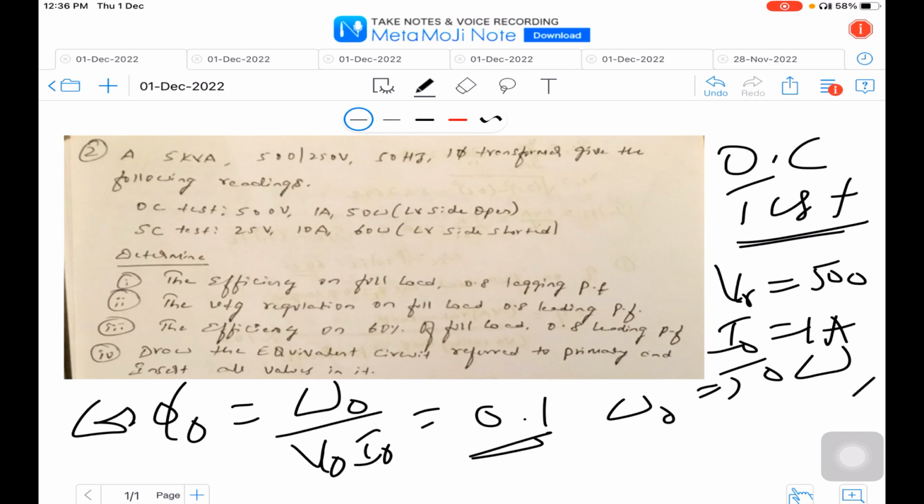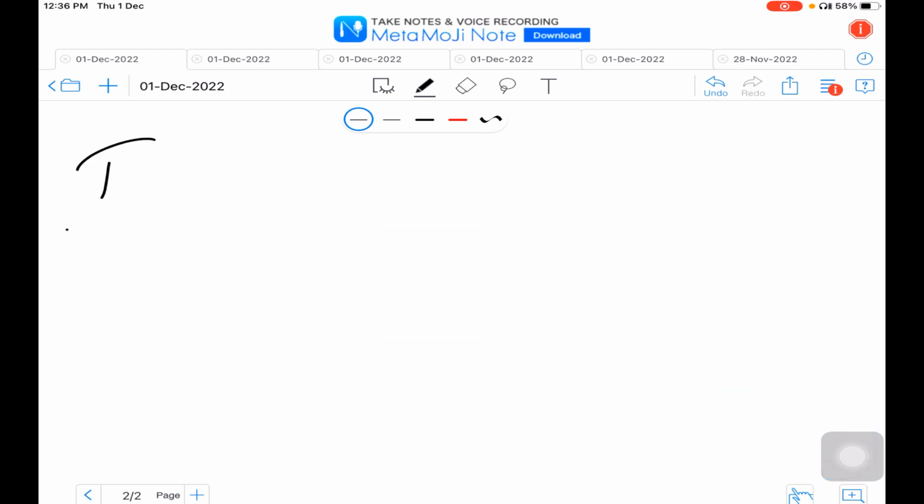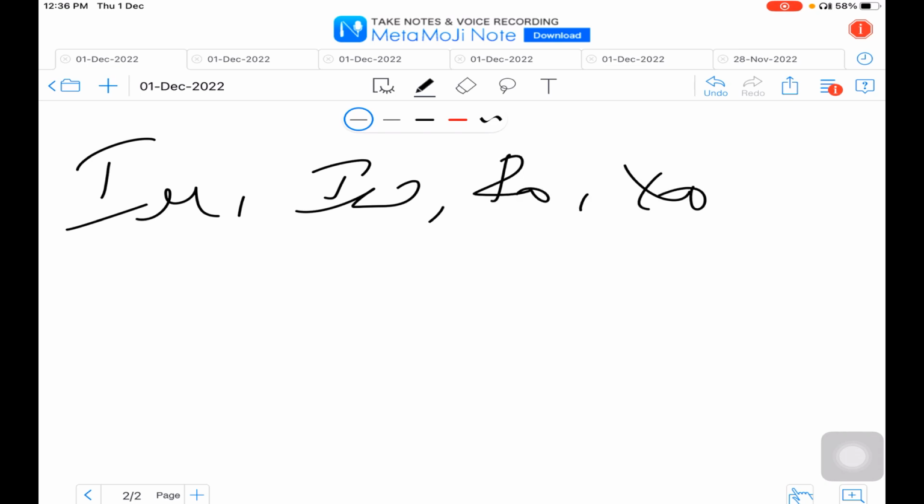Now once we have the value of cos phi naught, let us find out the different parameter values. What are the different parameters? First of all, we know I mu, IW, R0, X0 are the primary side equivalent circuit parameters. I mu is equal to I0 sin phi naught.